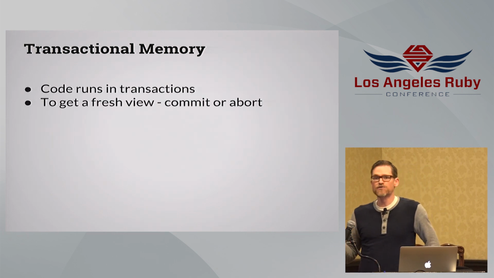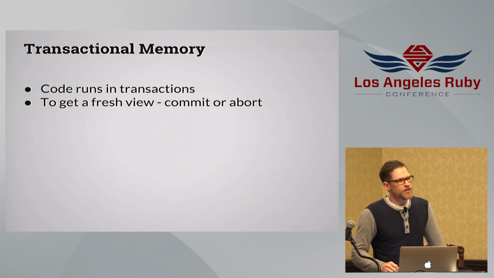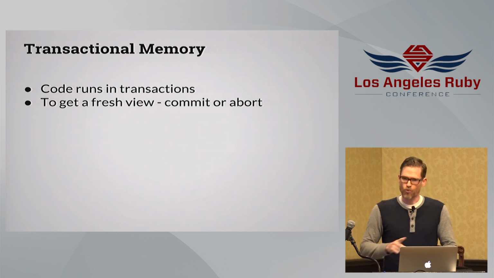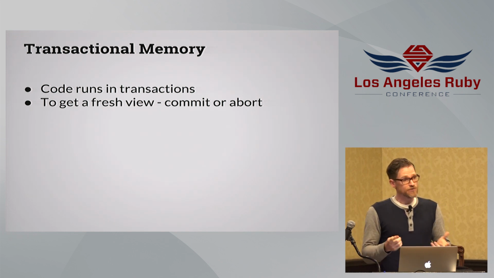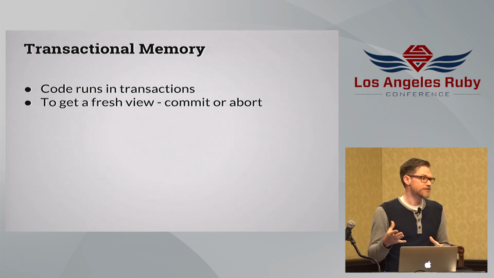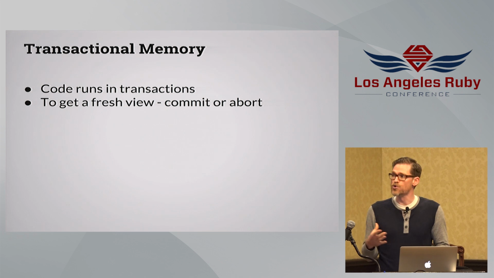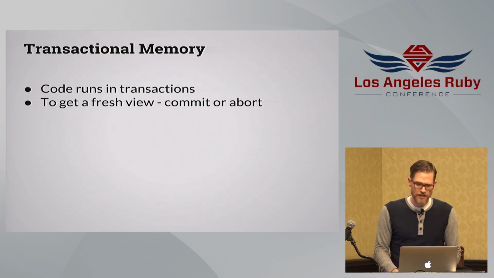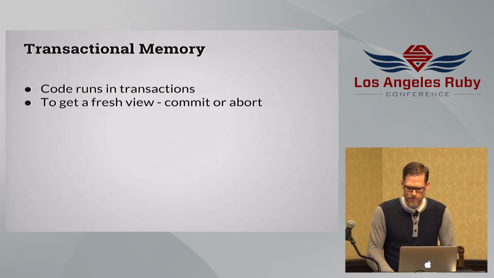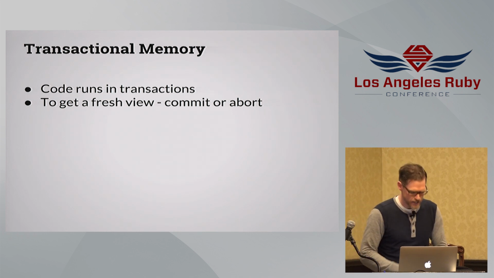To get a fresh view of the code, there are two ways to do that. One is to do a successful commit. If you make some changes and you successfully commit, then your code has a fresh view of all of the persisted objects. Another way to get a fresh view is aborting the transaction.